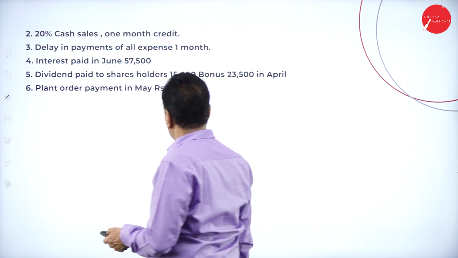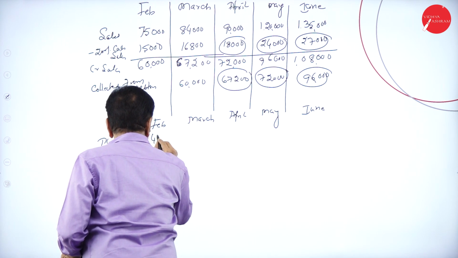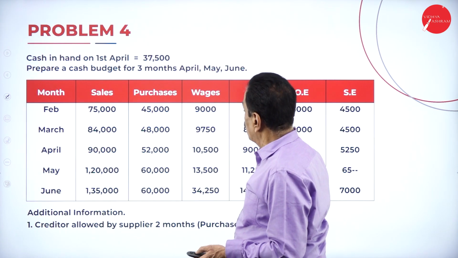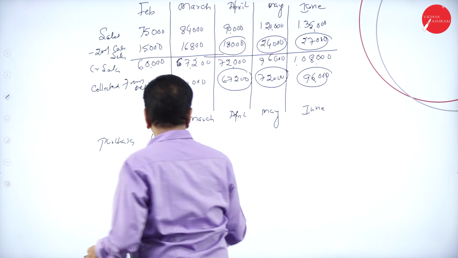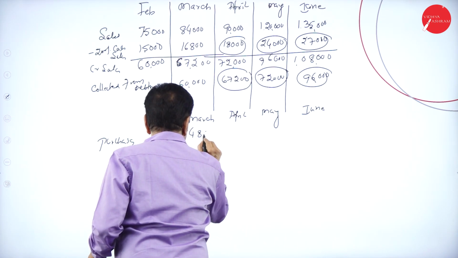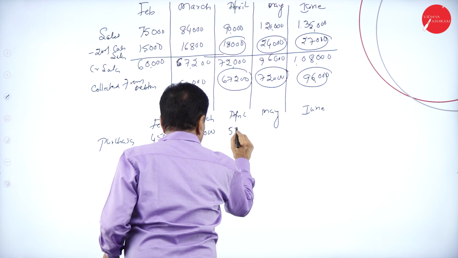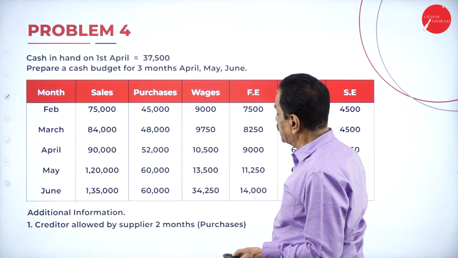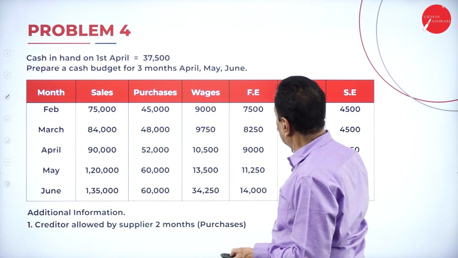Purchase 45,000, 48,000, 52,000, 48,000, 52,000, 48, 50, 60, 60,000.